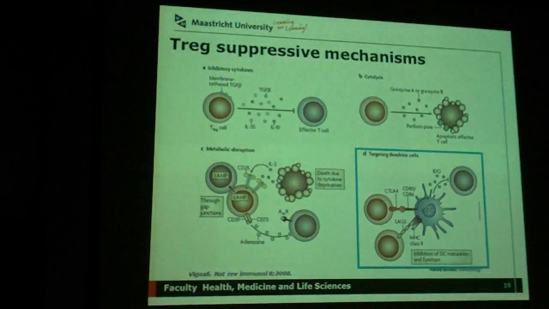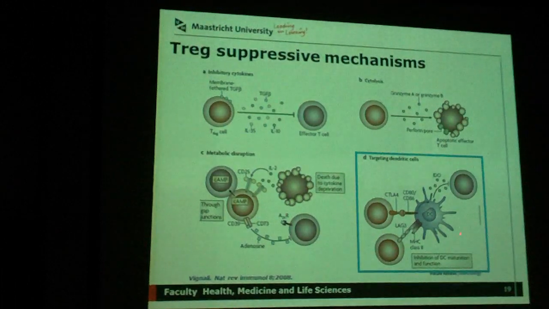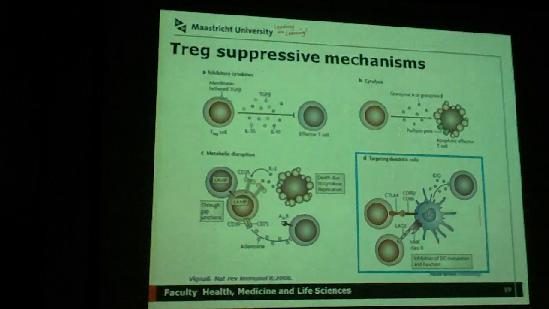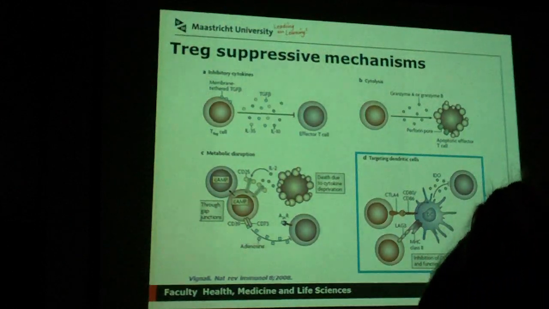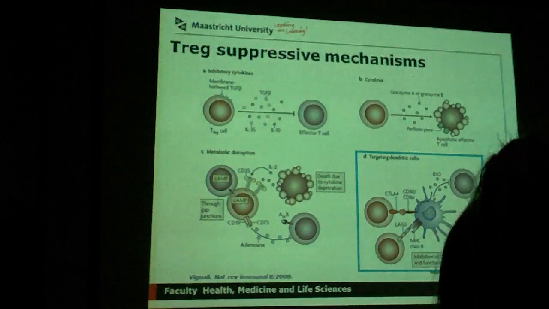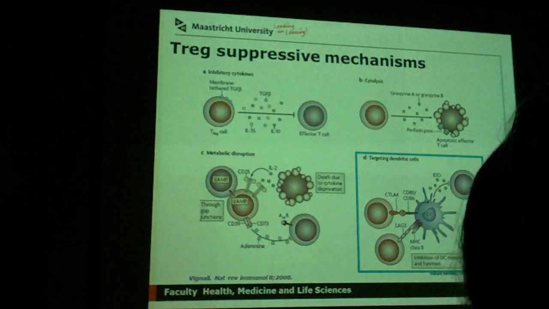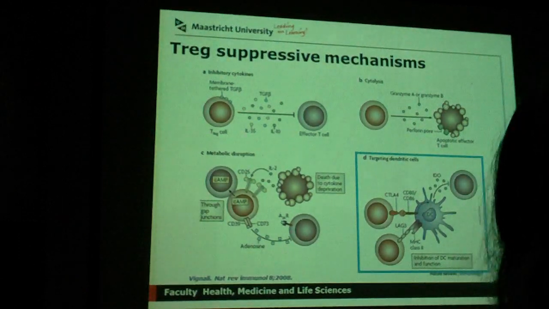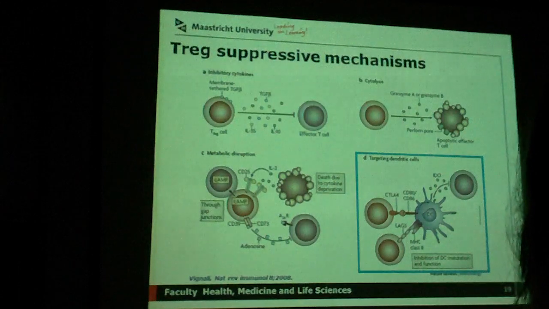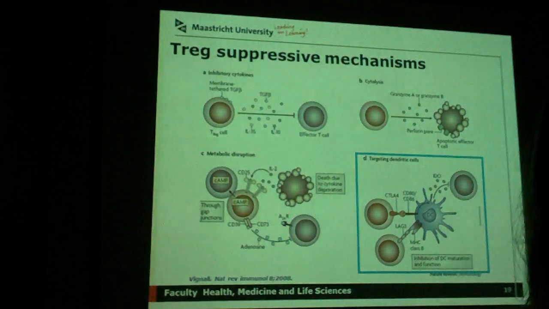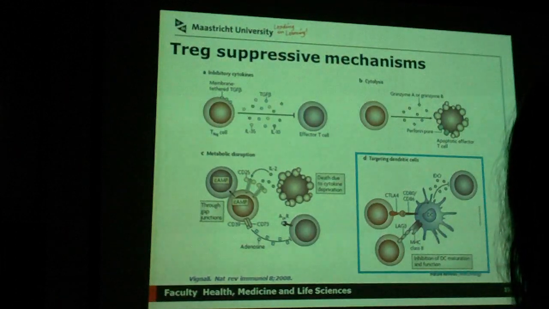So this DC is not able anymore to really efficiently present antigen and co-stimulation to the effector T cell, and there will be no response of the effector T cell. So these mechanisms have all been proposed. They have also been confirmed, especially in mouse models. But what is really the case in the human system, and whether these mechanisms are combined, is not really clear at the moment.